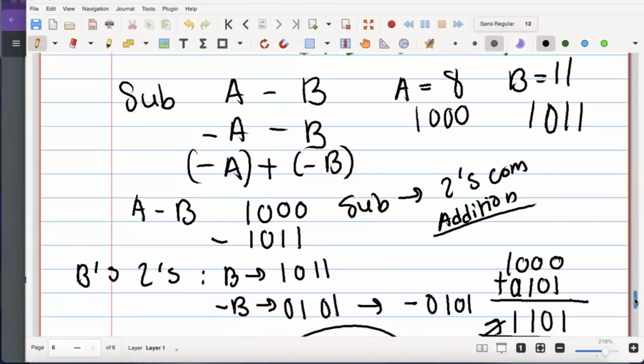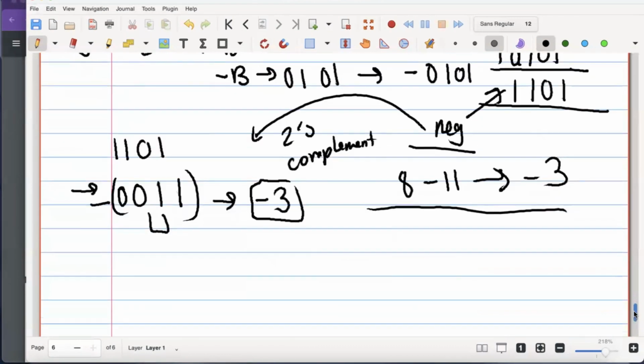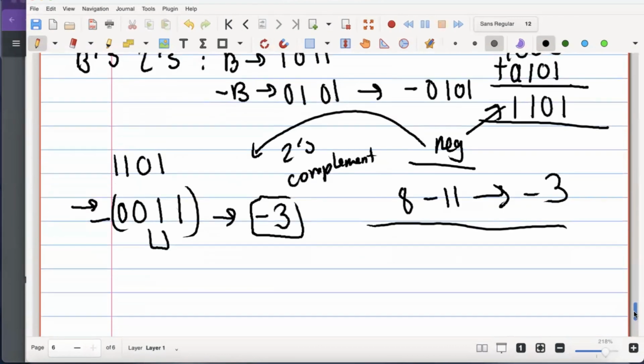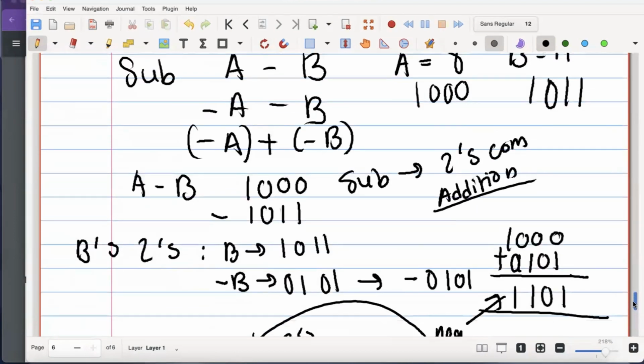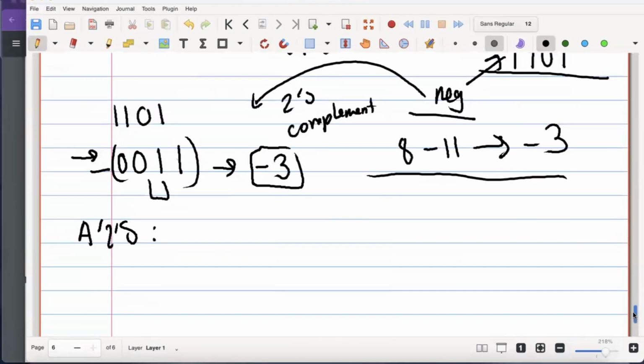Okay, now let's do negative A minus B. Well, it's going to be the same thing. We have B. So now we're going to do the 2's complement of A. What's the 2's complement of A? A is 1, 0, 0, 0.